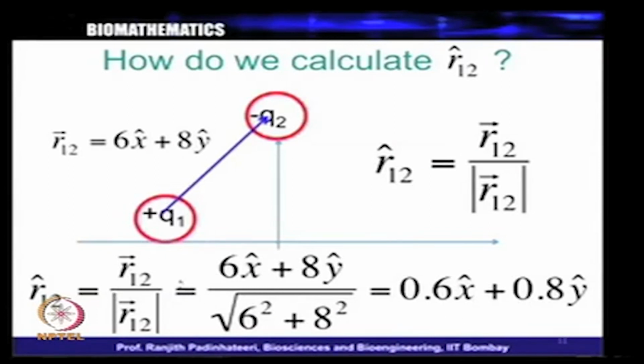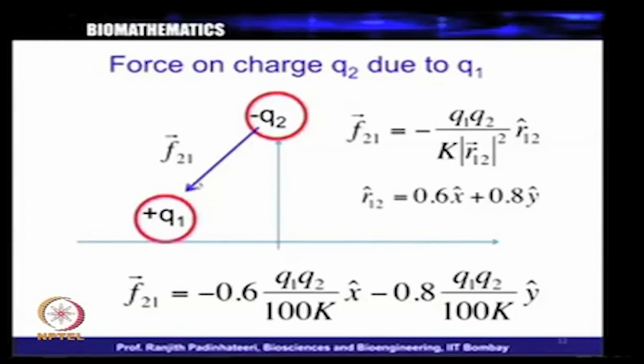Putting all this together, what is the force? We know the magnitude and we know the direction. Now we can put together magnitude and direction to get the force. The force F21 will have magnitude q1 q2 by k r12 squared, and the direction will be r12 cap with a minus sign. r12 cap we saw is 0.6 x plus 0.8 y.